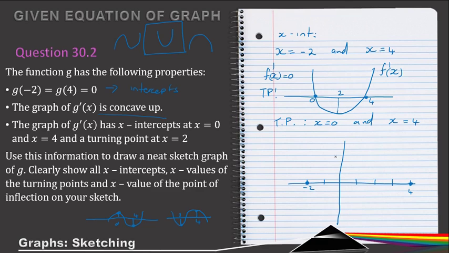Now, if we look at this, the first derivative is also the gradient, meaning if our first derivative function is positive, it means that my original function is going up, or has a positive slope. Now my first derivative becomes negative, meaning my original function has a negative slope, and then it becomes positive again. So if I analyze this using this one, going from less than 0 up until 0, I'm moving upwards, meaning I've got a positive slope.